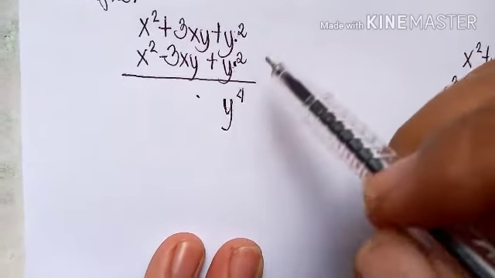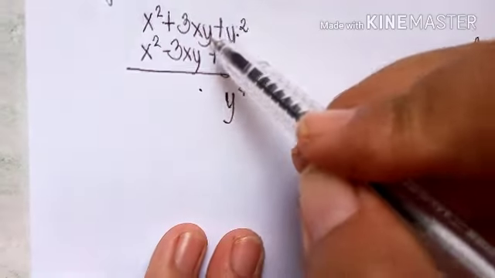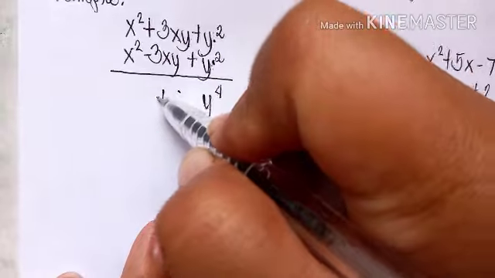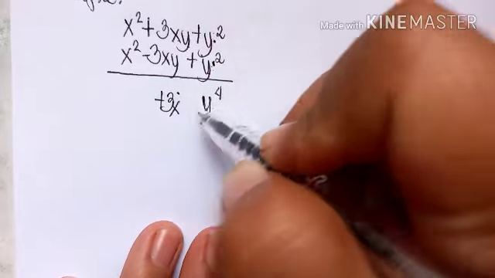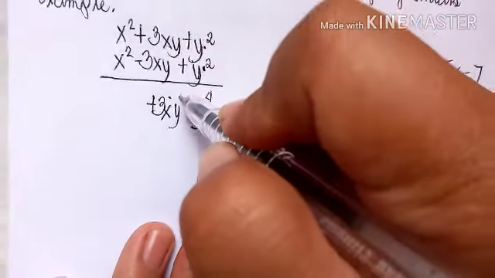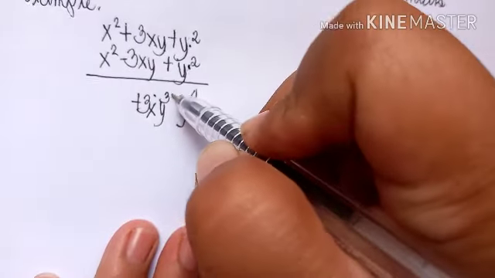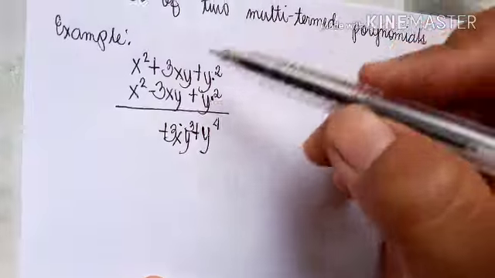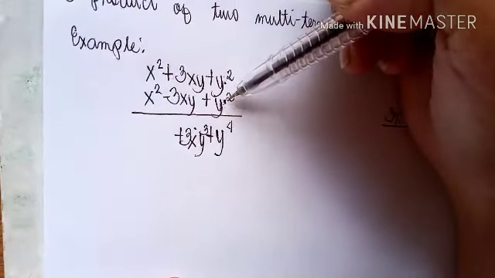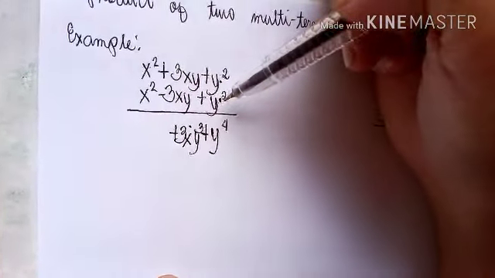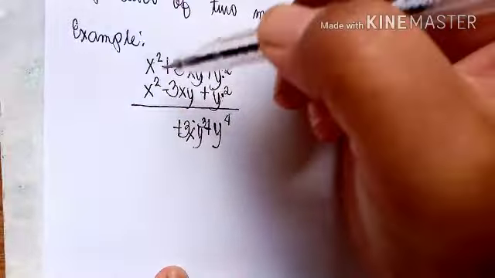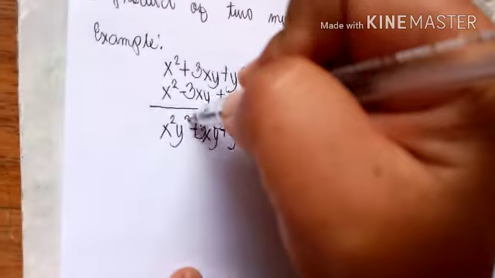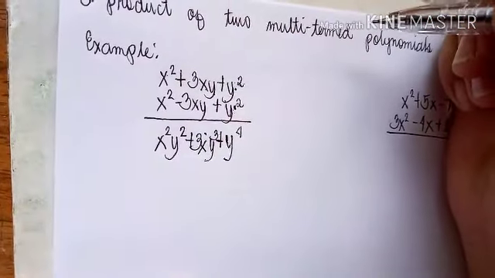And y squared times your 3xy is positive 3xy cubed. Sorry, so this is a positive since y squared and y squared are positive. And of course, the last one, y squared times x squared, that is positive x squared y squared. There.